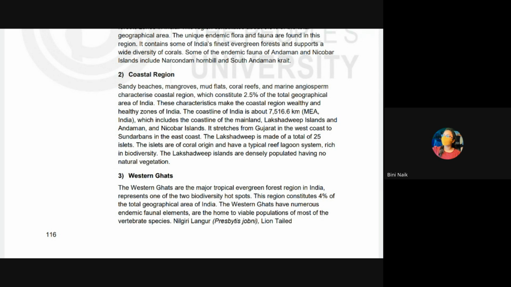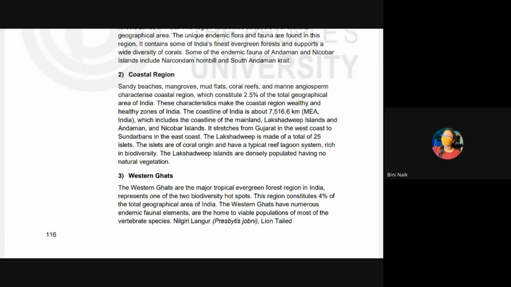That is why the western coastal plains are characterized by laterite soils.